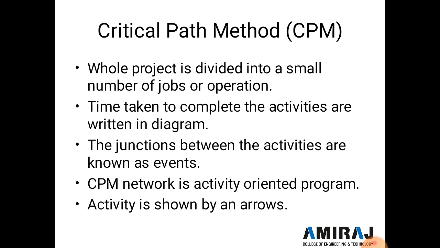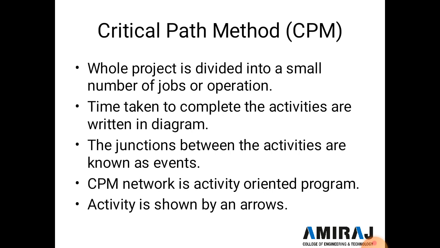So in the critical path method, all the jobs or operations, dependent or independent of each other, and the time taken to complete each activity are written in a diagram. Here in a CPM, an arrow is drawn, and above the arrow the time is given, clear?